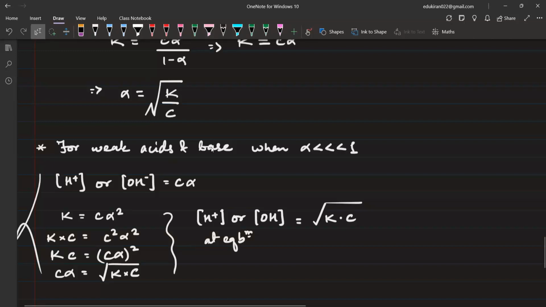Does this make sense? इसको यहां से यहां तक देख लीजिए एक बार. Yes, sir. Please copy this down.